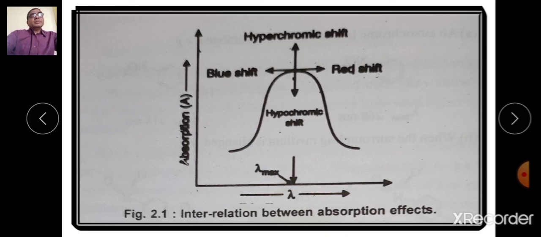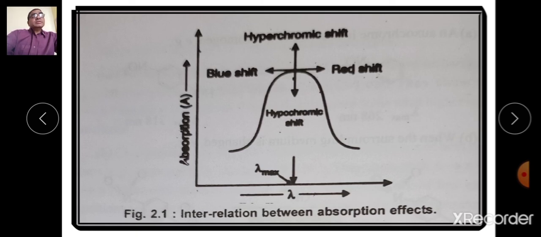Here I am showing the red shift, when the wavelength increases, that is the shift of the wavelength to the longer side. While when the wavelength decreases, that is a shift toward the shorter side, it is the blue shift. These two shifts are in the wavelength. Now another is intensity changes. When the intensity increases, the effect is known as the hyperchromic effect, and when the intensity of the peak decreases, it is known as the hypochromic effect.